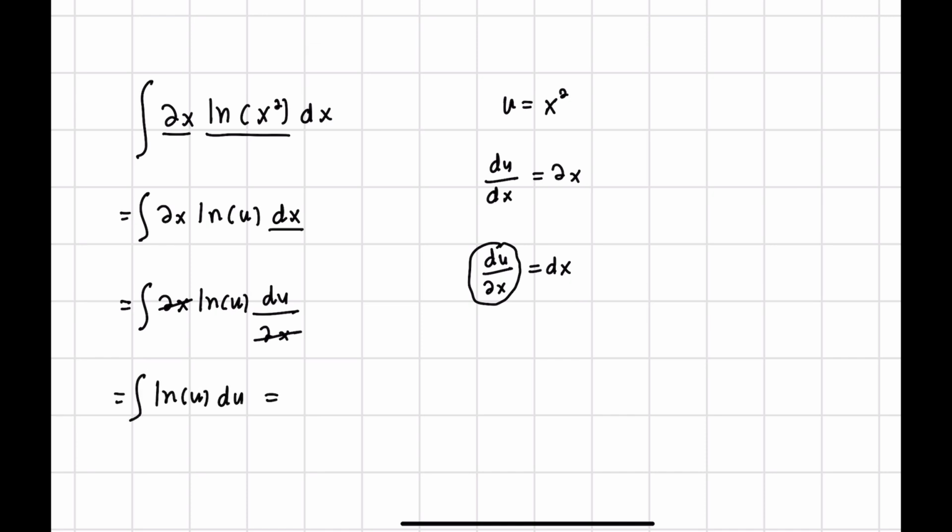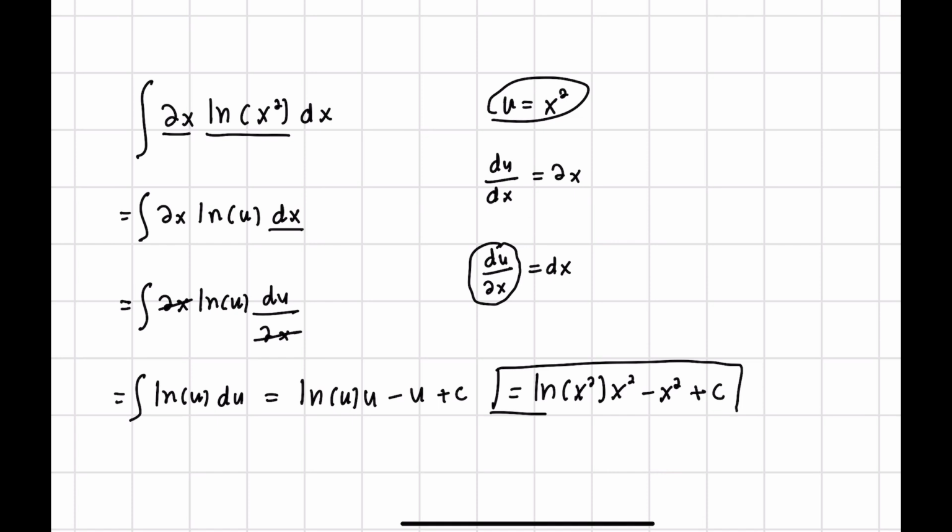And the integral of ln u is simply ln u times u minus u plus c. And our last step is to substitute u equal to x squared. So we have ln x squared times x squared minus x squared plus c. And here is our final answer.